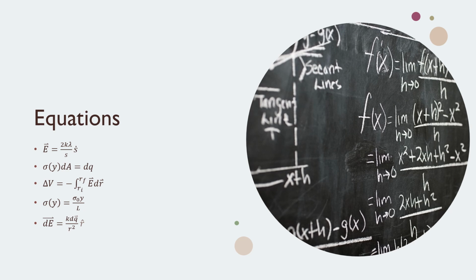And then our delta V, which is our change in electric potential, is equal to the negative integral from Ri to Rf of the electric field dr. And then in the equation we are given our sigma in terms of y, which is equal to sigma naught y over L. And then our last equation we have here is our electric field for our object, which is k dq over r squared r hat.